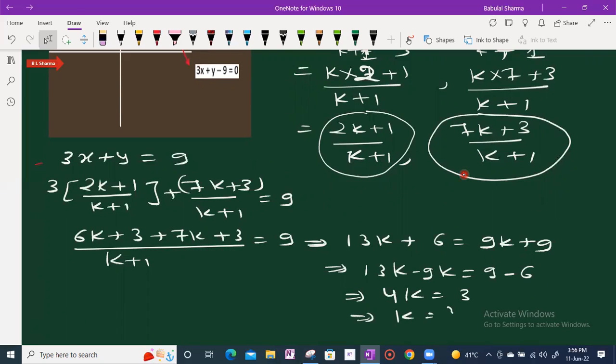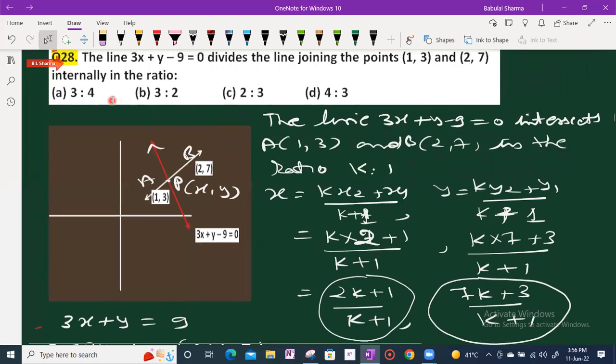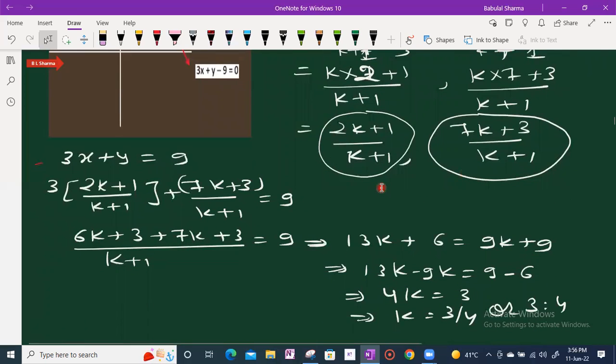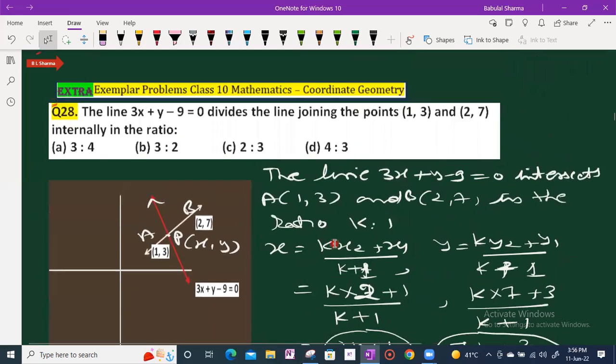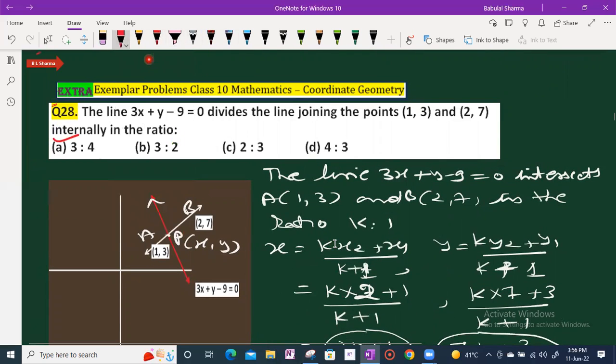And k is equal to 3 by 4, so it divides in the ratio 3:4. Yes, so A is the correct option here. Right, students? A is the correct option. Let us revise this question once again.